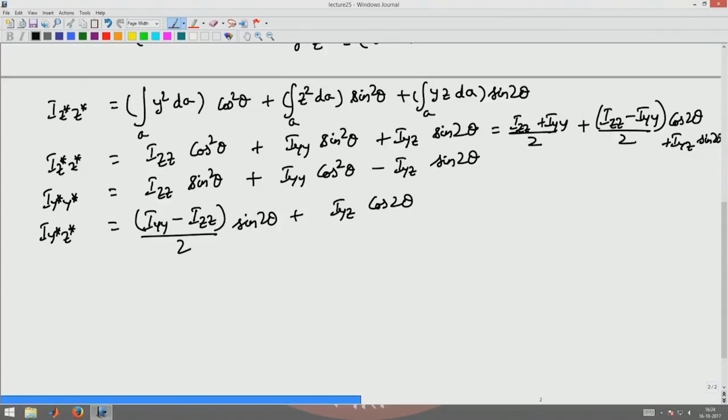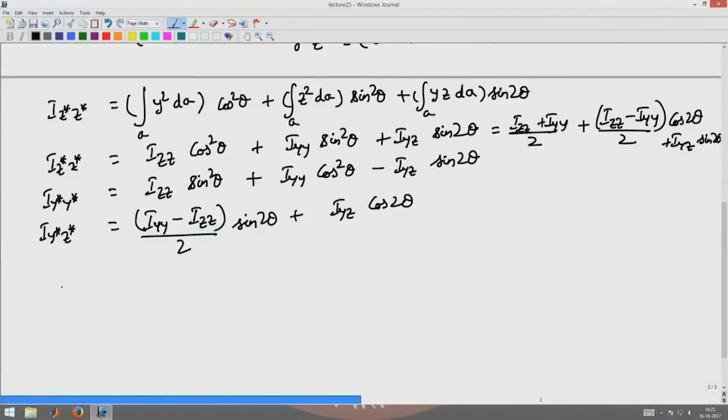This is exactly the Mohr circle equation, and this is also the same form. So, Iz*y* plays the role of the normal strain or the normal stress, whereas Iy*z* plays the role of the shear stress or the shear strain, right. So, this transforms just like the Mohr circle equations.